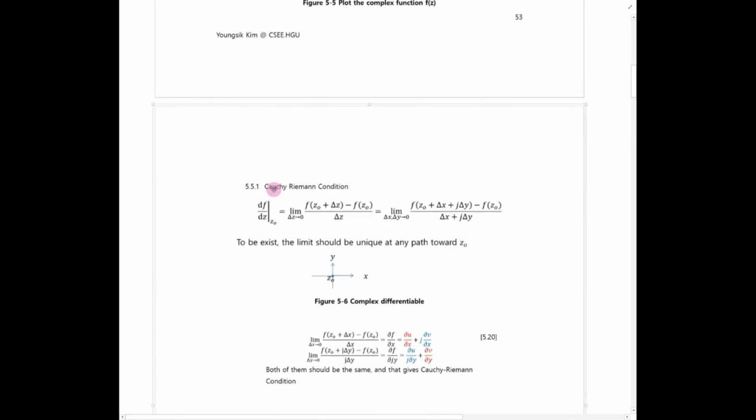Now move one step further. That's the Cauchy-Riemann conditions. The Cauchy-Riemann condition is related to analytic functions, and analytic is related to differentiation. Here it shows that if a function is differentiable, then it should satisfy the Cauchy-Riemann conditions.